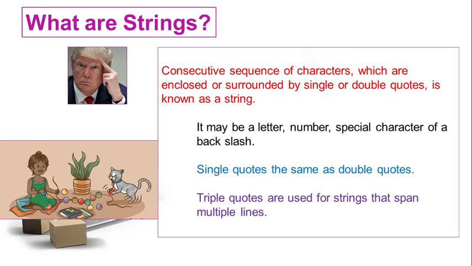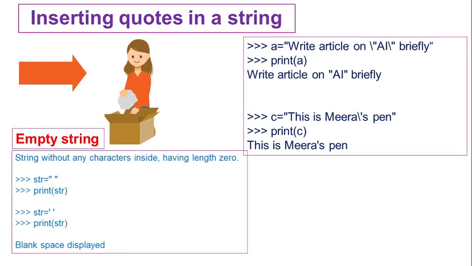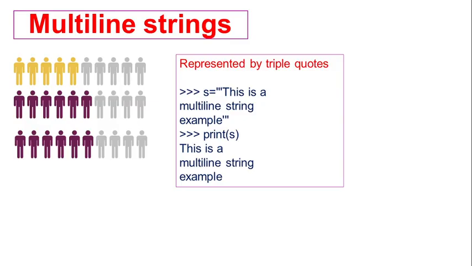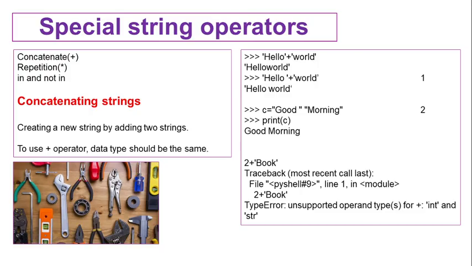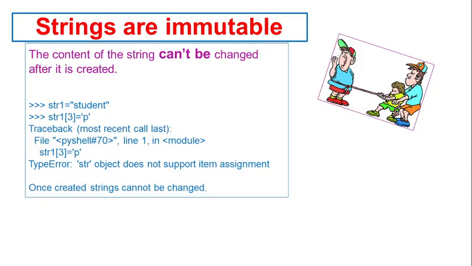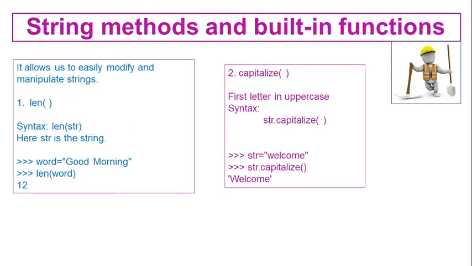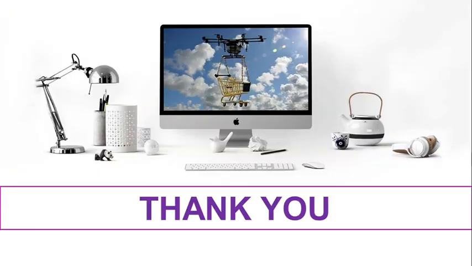Strings: we have seen what strings are, then creating strings, inputting quotes in a string, single quotes and double quotes, multi-line strings, traversing, iterating, special operators, then replication, comparison operators, slicing, then immutable, then today's topics, built-in functions and state and transition, okay.